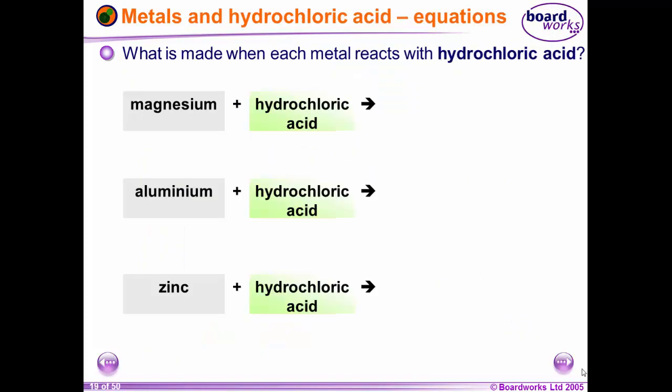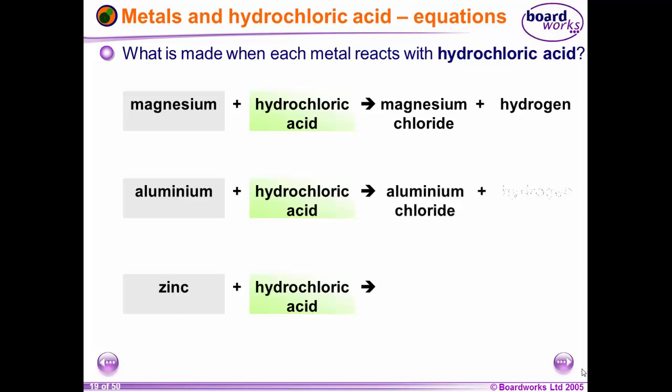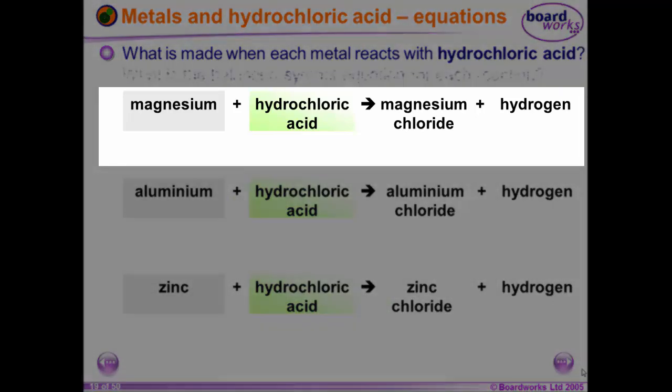Now we're going to look at the equations that go with these reactions with acids. So magnesium and hydrochloric acid makes magnesium chloride and hydrogen. Aluminium makes aluminium chloride and hydrogen. Zinc and hydrochloric acid makes zinc chloride and hydrogen.